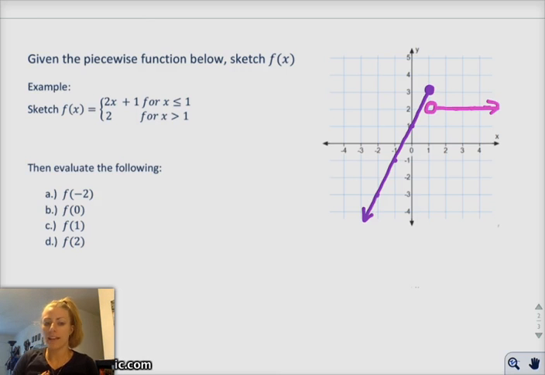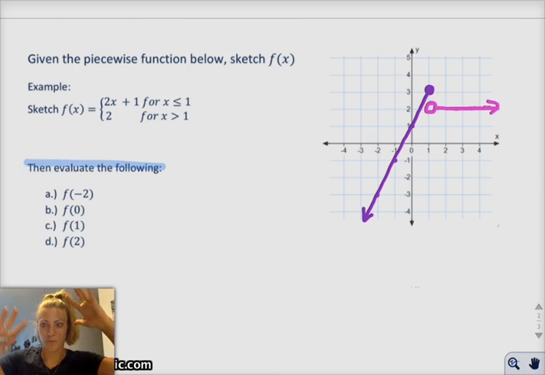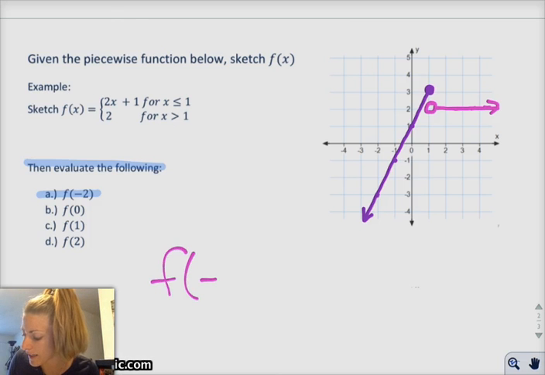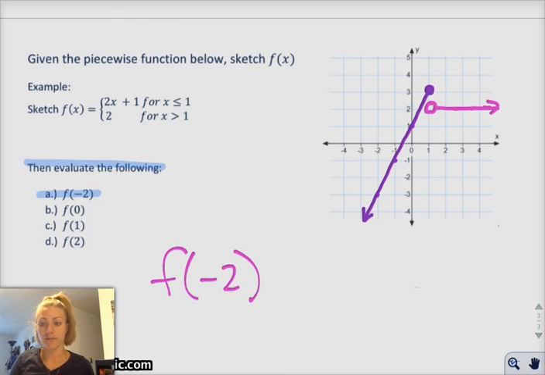Okay, so then the next question says evaluate the following. And now for this, you either want to have the graph and be able to visualize it, or you have to figure out where these things are happening and what domain you're in. So I'll show you what I mean by that. So f of negative 2, right? That would be like taking f, the function, and plugging in negative 2.